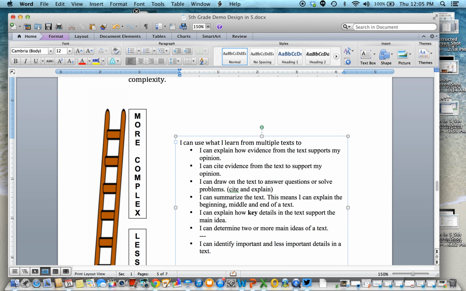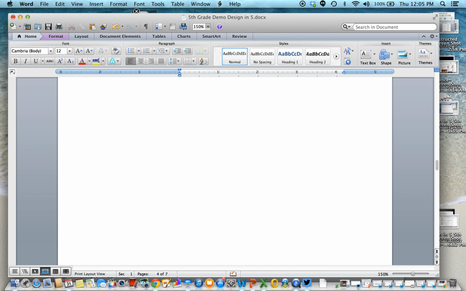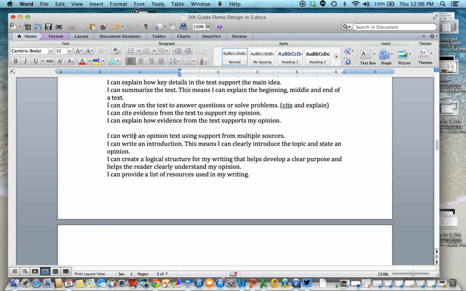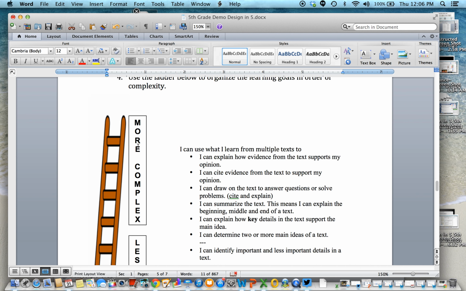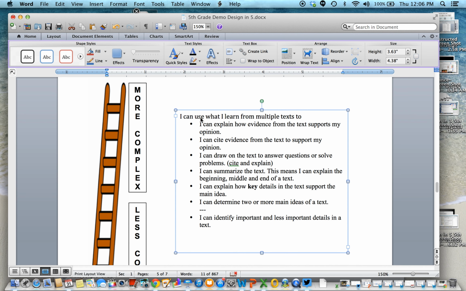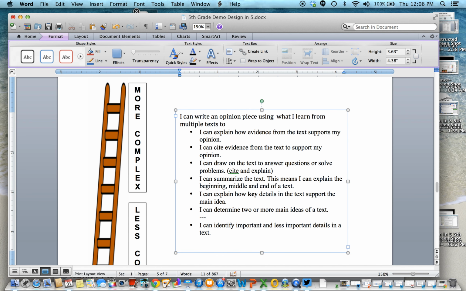And actually, I'm going to go back to this. I can use what I know from multiple texts, and then we'll tap into this writing piece so that they start to come together. So I can use what I learn, or I can write an opinion piece using multiple texts.